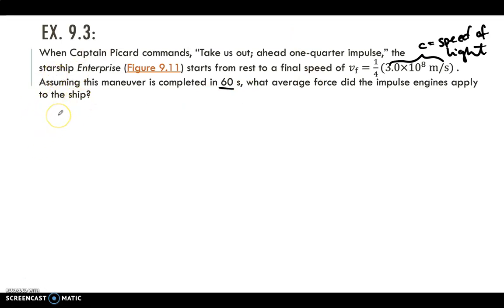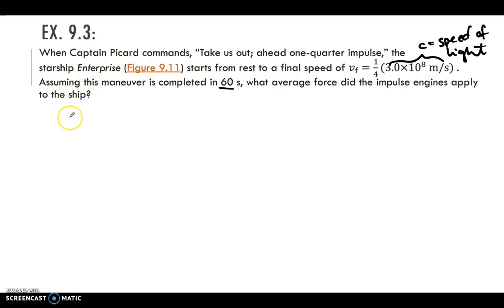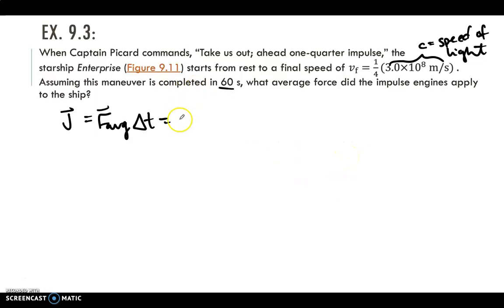Remember in this last part, it said we want to express the impulse as force times the relevant time interval. So J is equal to F average delta t. And it also equals, because we want to express it as a change in momentum, m delta v. We're trying to find the average force.